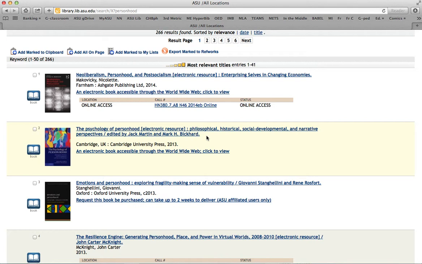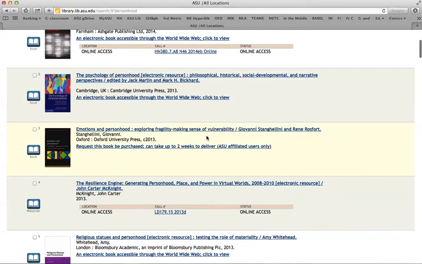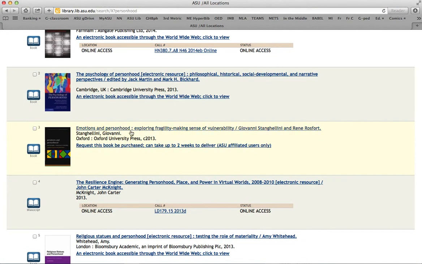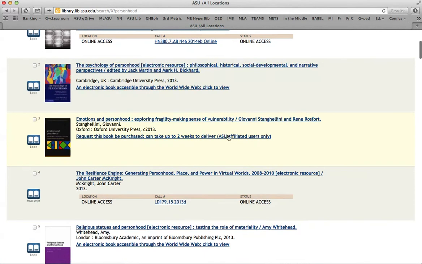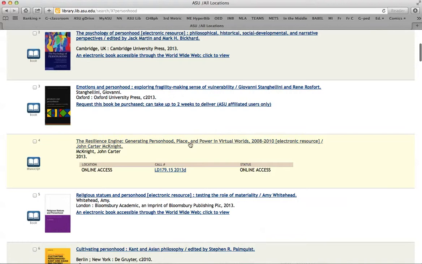If you want to look at more recent use, though, sources for that, we're probably going to have to look somewhere else. So, moving right along, okay, Emotions and Personhood: Exploring Fragility, Making Sense of Vulnerability. Not sure. That could be useful, could be not. You'd have to check it out. The Resilience Engine: Generating Person, Place, and Power in Virtual Worlds.